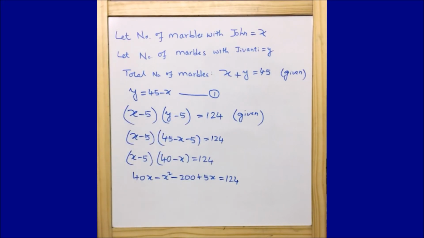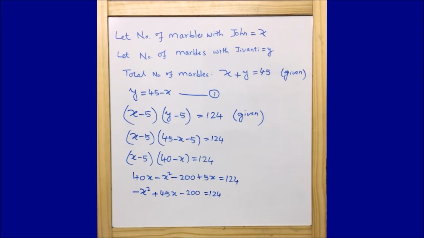Now let us arrange this first. Because this is a quadratic equation, let us arrange it as per the quadratic equation form, which we very well know is ax square plus bx plus c is equal to 0. So I'm writing minus x square, and 40x plus 5x is plus 45x, and minus 200 is equal to 124.